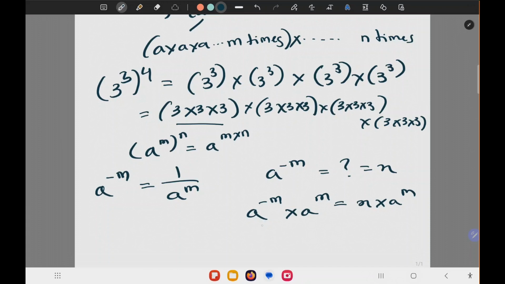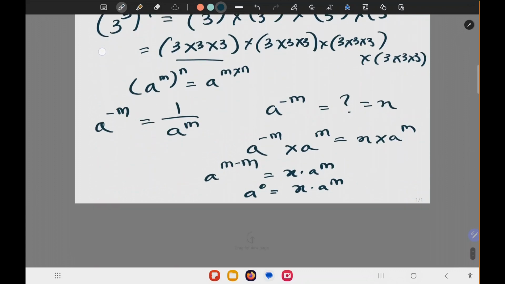So going by the first law, a to the power minus m into a to the power plus m is equal to a to the power m minus m, which is equal to x times a to the power m.